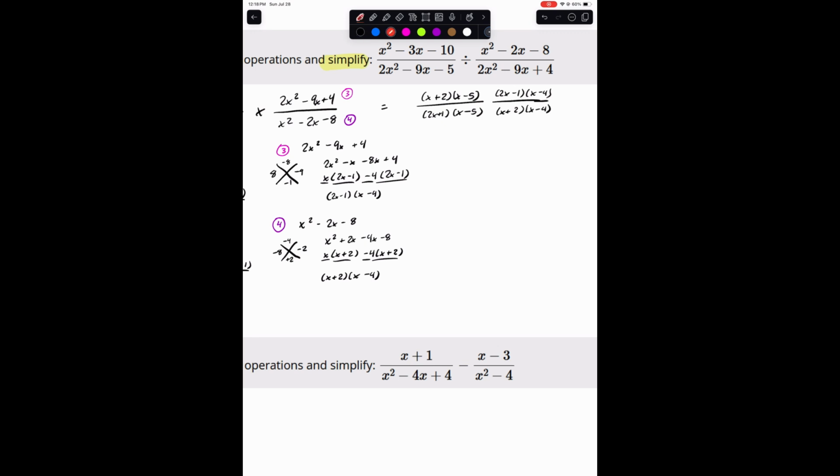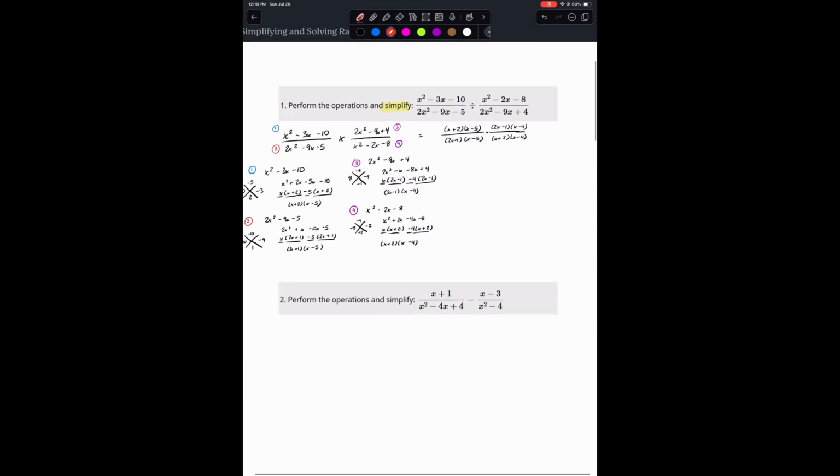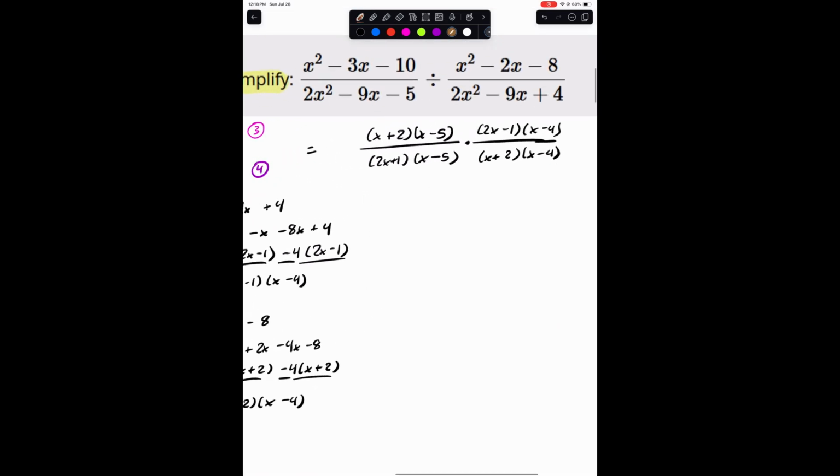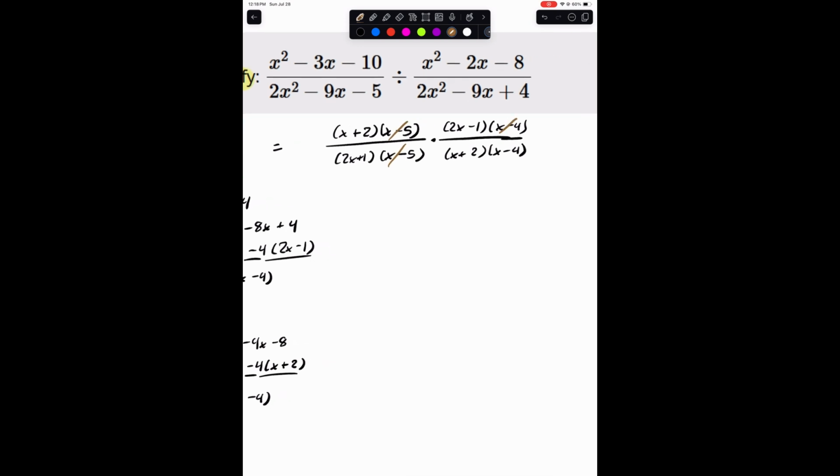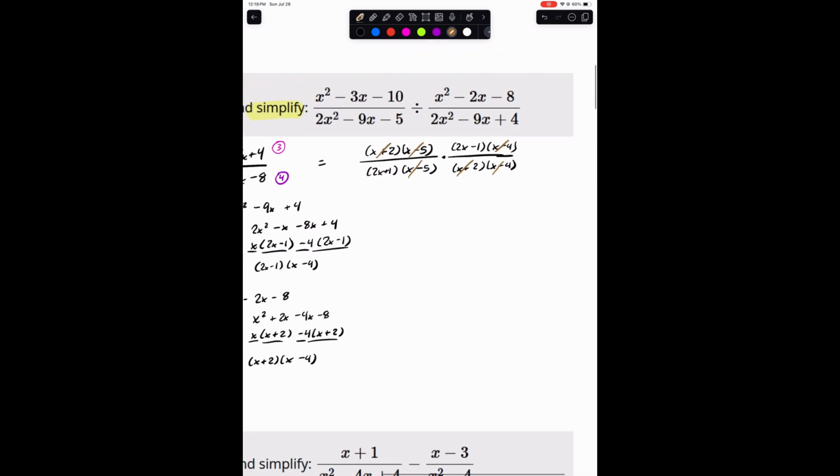Now we can cancel out terms from top and bottom. The x minus 5, we can cancel top and bottom. X minus 4, we can cancel top and bottom. X plus 2, we can cancel from top and bottom. And we are left with just 2x minus 1 over 2x plus 1. And that is your answer.